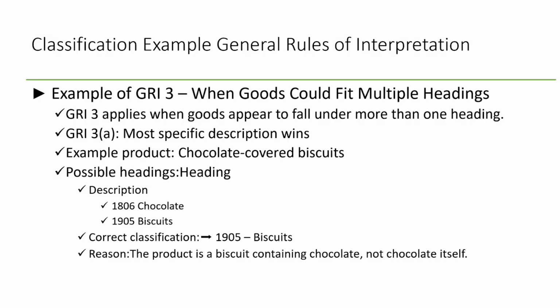The heading for biscuits is 1905. The correct classification is 1905 biscuits, because the product is a biscuit containing chocolate, not chocolate itself. So 1905 is more specific and more descriptive of what the product actually is, rather than just 1806 chocolate.